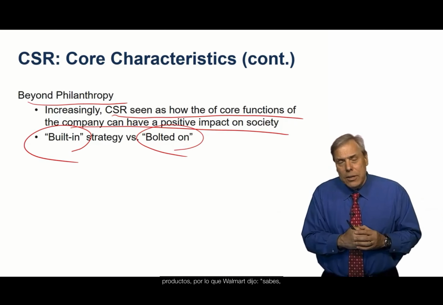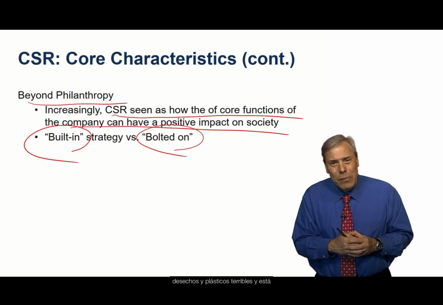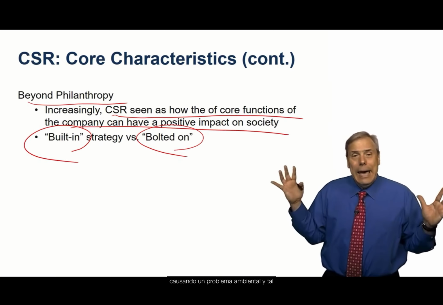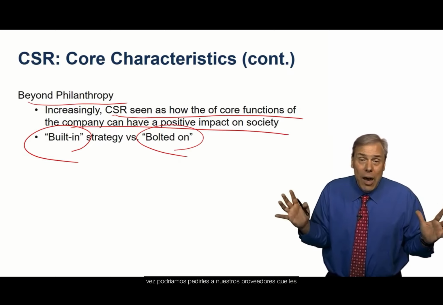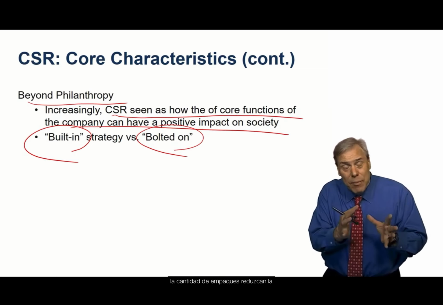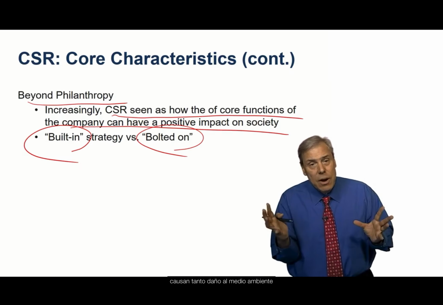And so Walmart said, this is really creating a lot of waste and terrible plastics, and it's filling up the landfills, and it's causing an environmental problem. So maybe we could tell our suppliers, we want you to reduce the amount of packaging, reduce the amount of plastics you're using because it causes such damage to the environment.